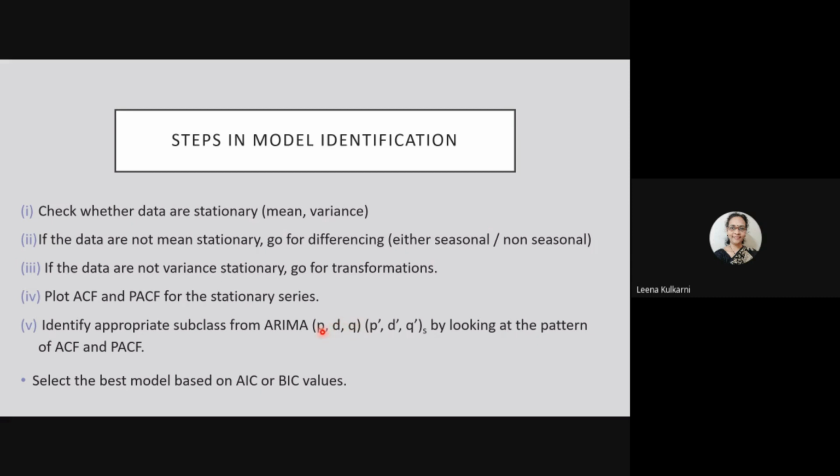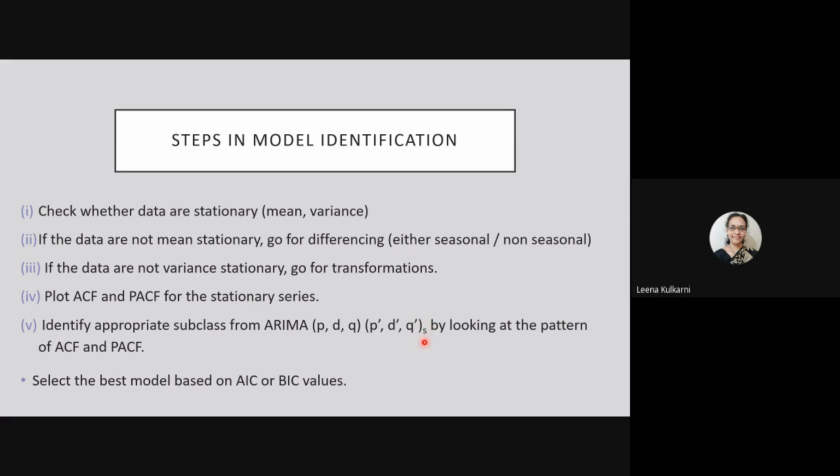Now this p, d and q are the parameters for the non-seasonal data. But if you have a seasonal component present in the data which you need to model, you need to determine the P dash and Q dash values of the AR component and the MA component respectively for the season.